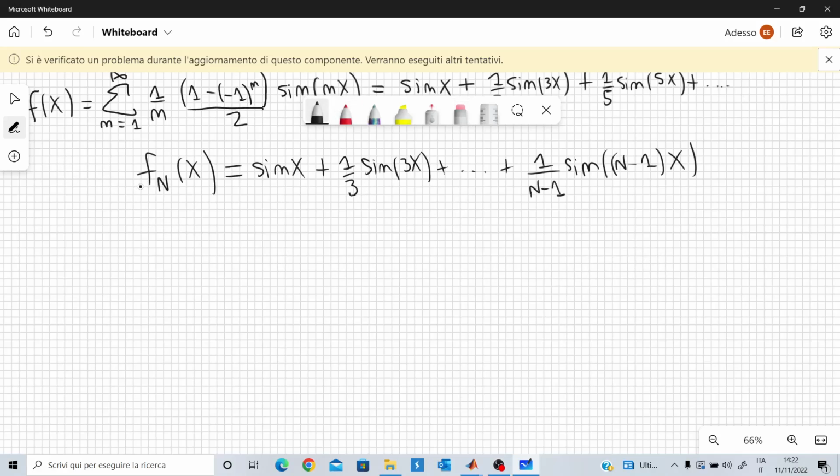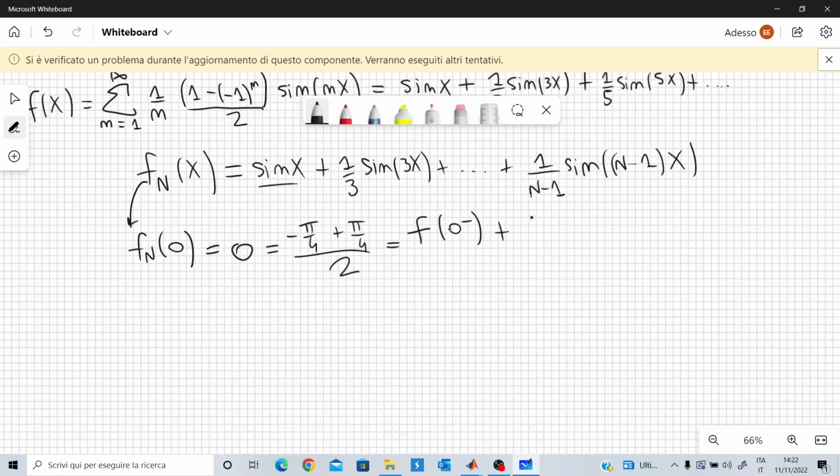Now let's calculate what is the value f sub N of 0. Well, it's very easy. It is equal to 0 because when you set x equal to 0, all these sines will go to 0. And this value can also be written as minus pi over 4 plus pi over 4 divided by 2, which is simply equal to f of 0 minus plus f of 0 plus divided by 2.